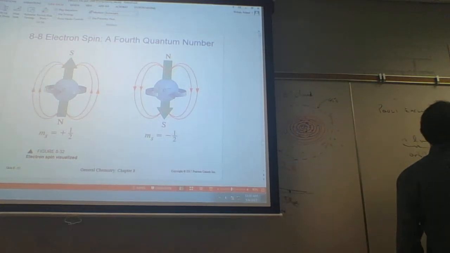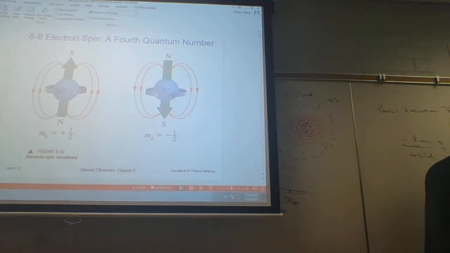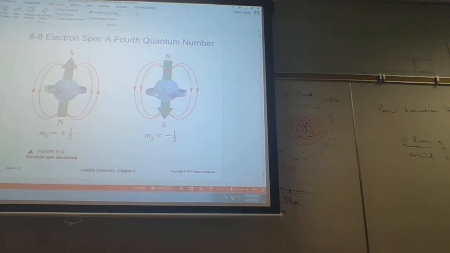So it comes from quantum mechanics. No two electrons in the same atom can have the same set of 4 quantum numbers.